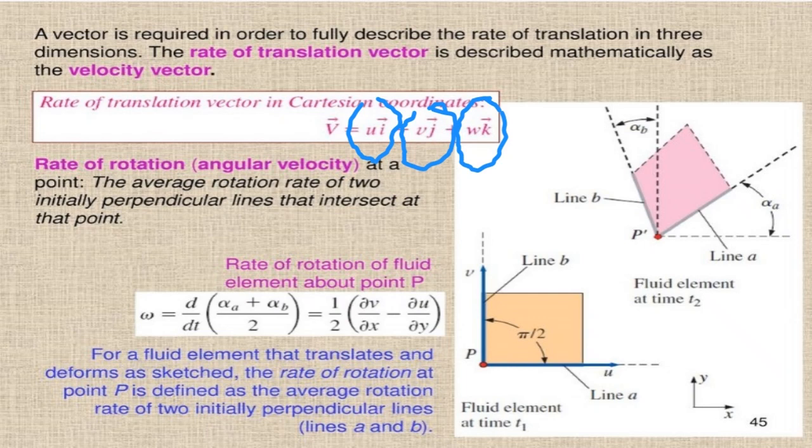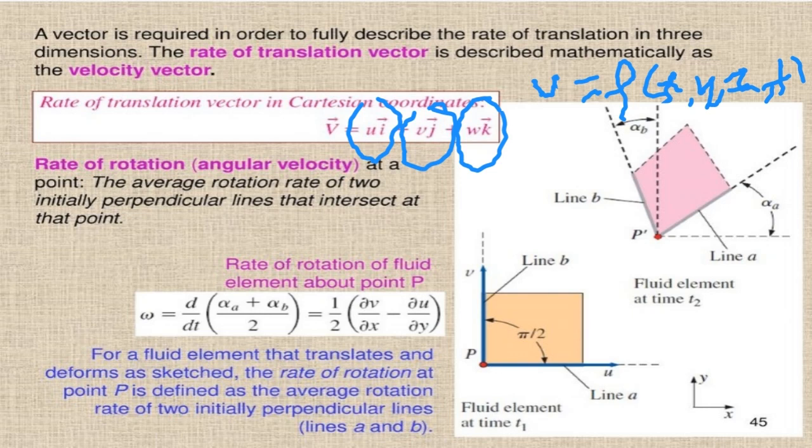Of course, they all may be a function of x, y, z, and also t. So each of them can be a function of space and time. The second kinematic motion is the rate of rotation, or just angular velocity.